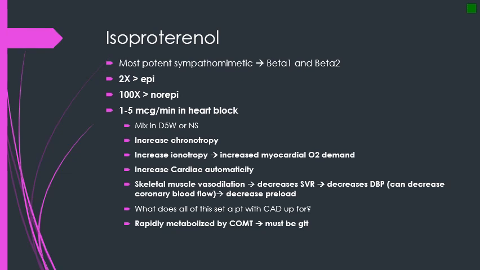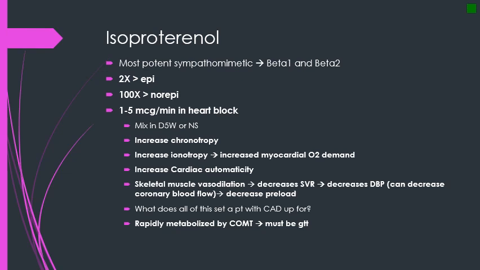It does produce skeletal muscle vasodilation, so it can decrease your SVR and decrease your diastolic blood pressure, or your coronary filling pressure, so it can decrease your coronary blood flow. So you have to keep that in mind, and it decreases your preload, which, if decreased significantly enough, can decrease your cardiac output.